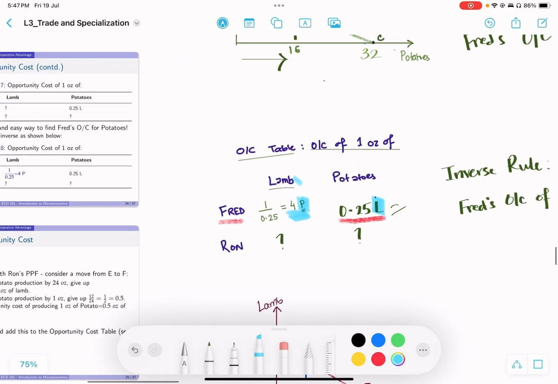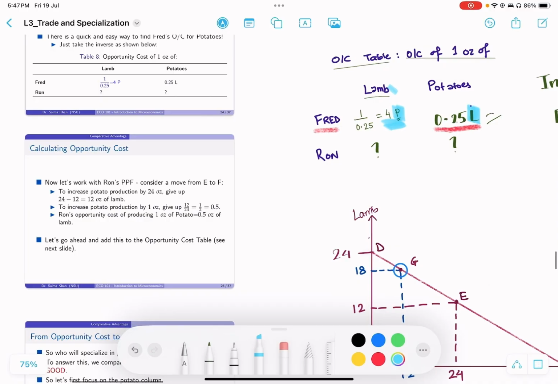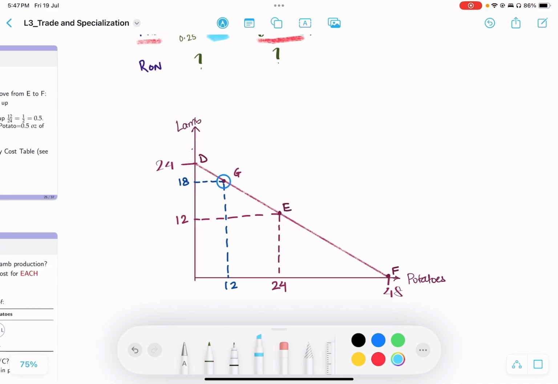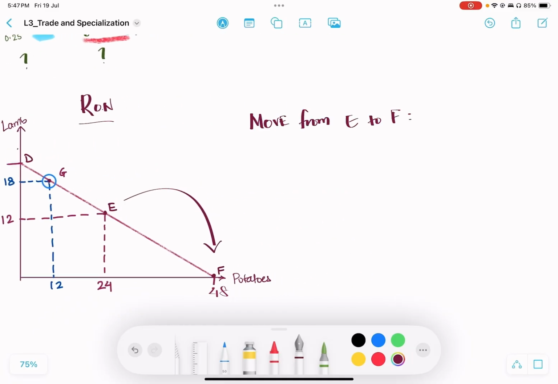Okay, now let's do the same for Ron, right? So let's find out Ron's opportunity costs. And for that, again, as I said, as a beginner, it's great for us to focus on the PPF, right? We've got Ron's PPF here, and we're saying, hey, you know what? How about we have Ron moving from E to F? So let's say E to F, what are we seeing?